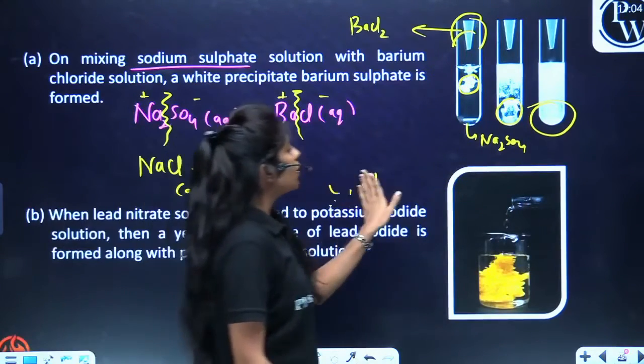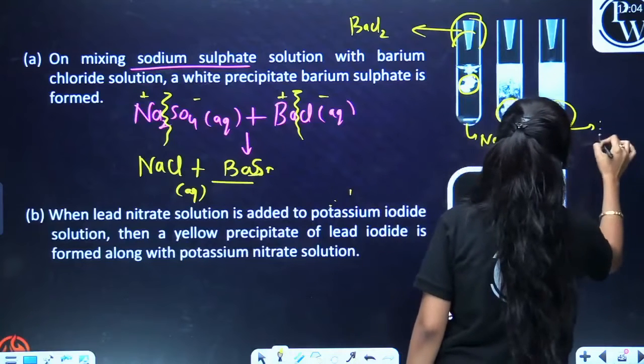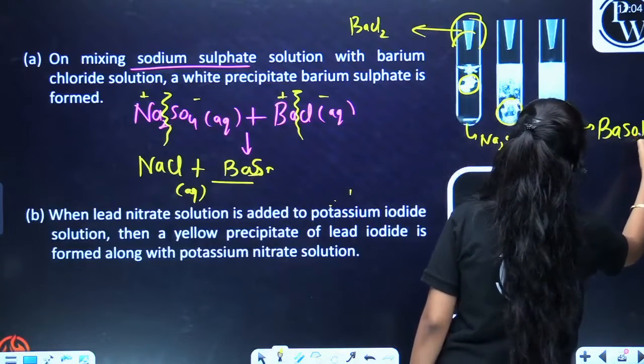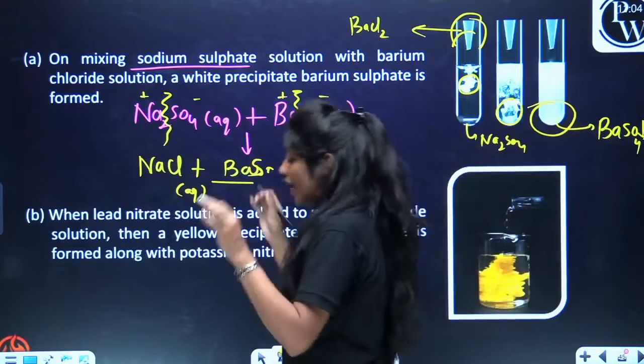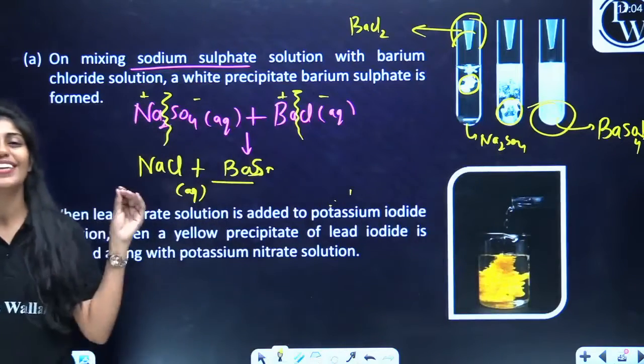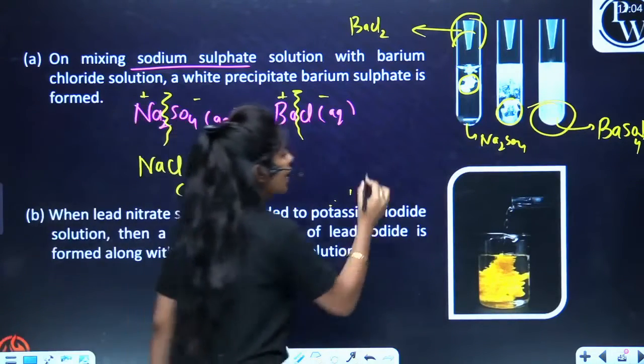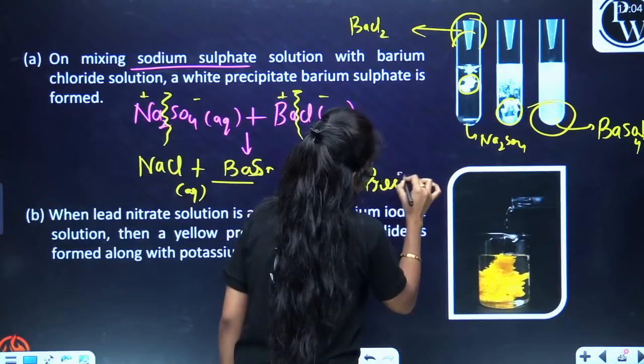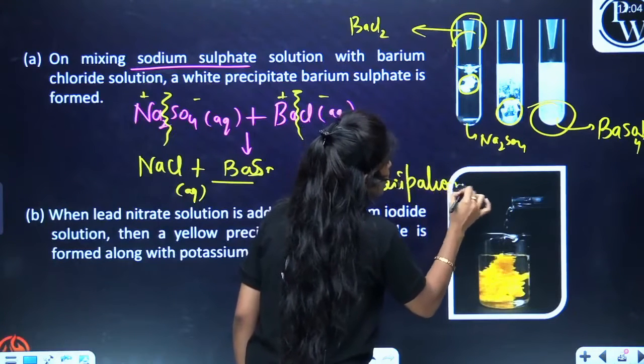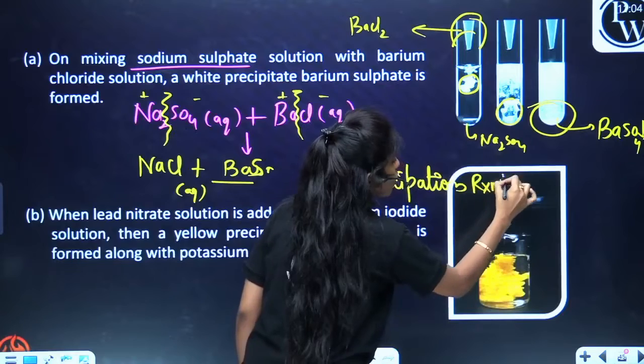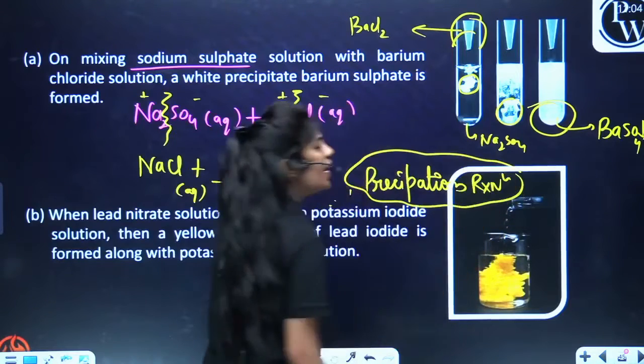That is what I call the precipitate. This is BaSO4. My dear student, the reaction in which precipitate is formed is also known as a precipitation reaction. We will be discussing it in a moment.